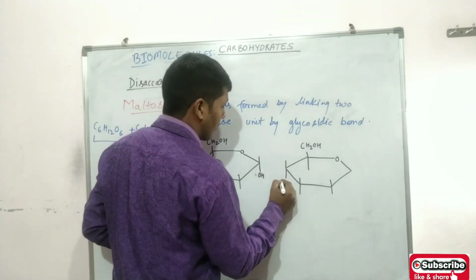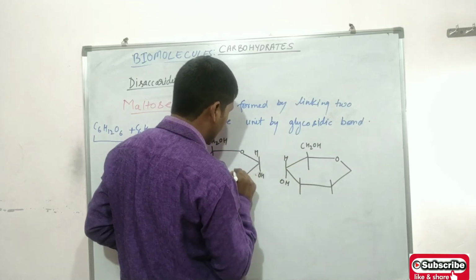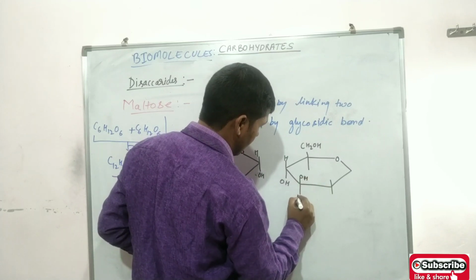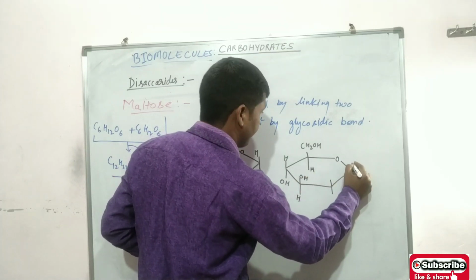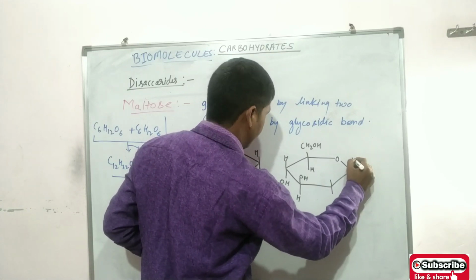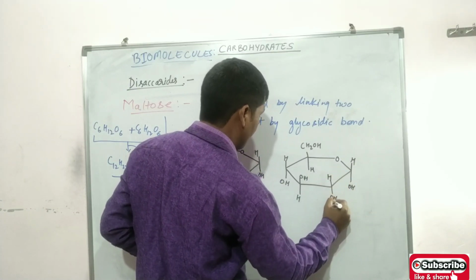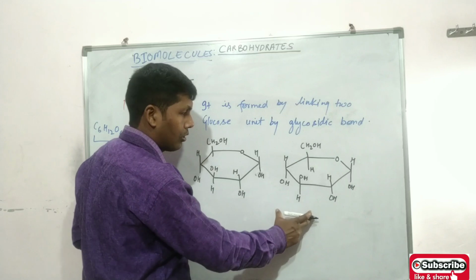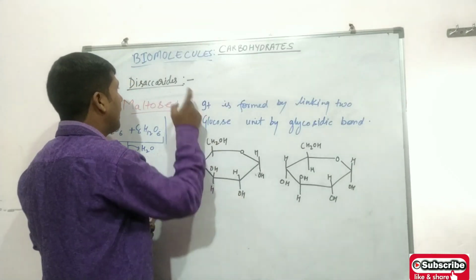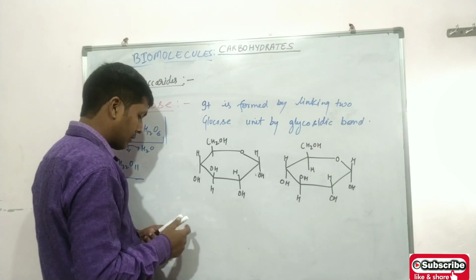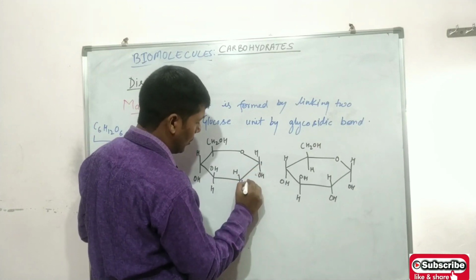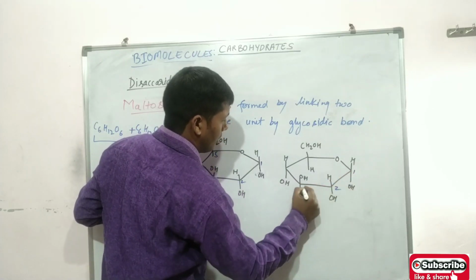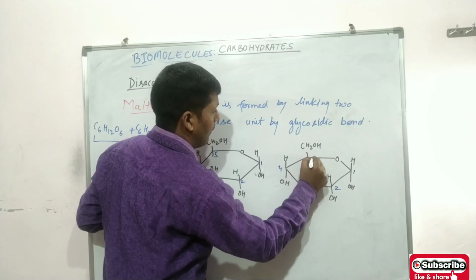So there are two molecules of glucose which combine and form the disaccharide maltose. And the numbering of carbon is 1, 2, 3, 4, 5 and 6, and 1, 2, 3, 4, 5 and 6.